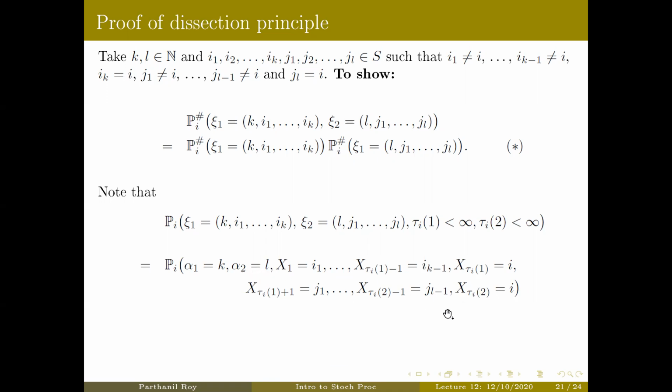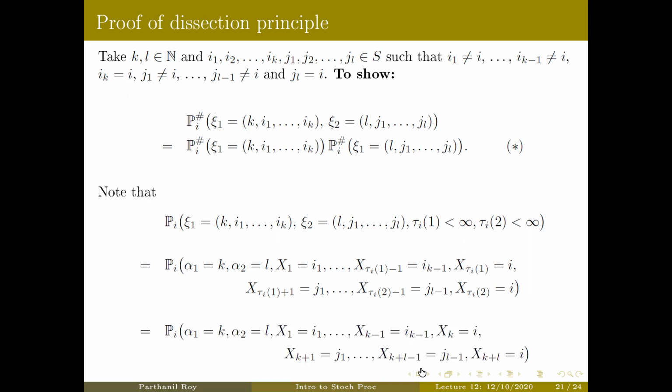Okay? In fact, I would say these two are also redundant, because if this happens, under our assumptions that these are not equal to I, this means that the first return time is exactly k, and the second return time is k plus L. So therefore, alpha 1 is k and alpha 2 equals L. That's automatic, so that also can be got rid of.